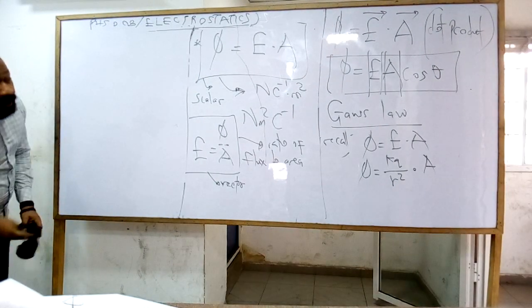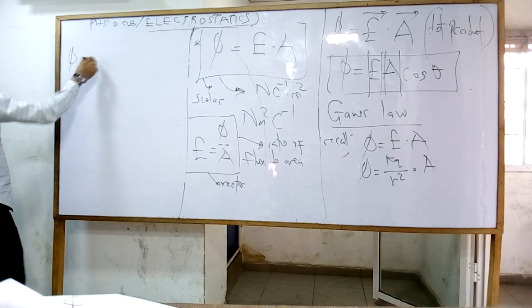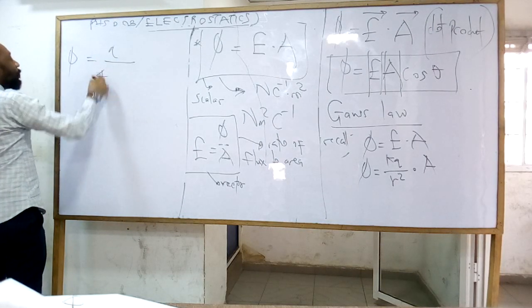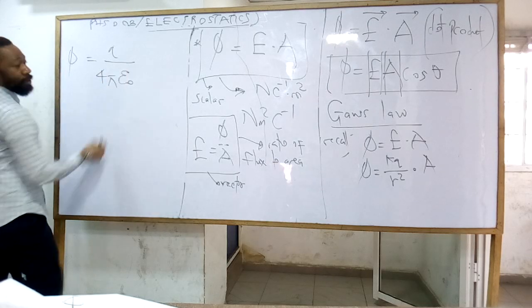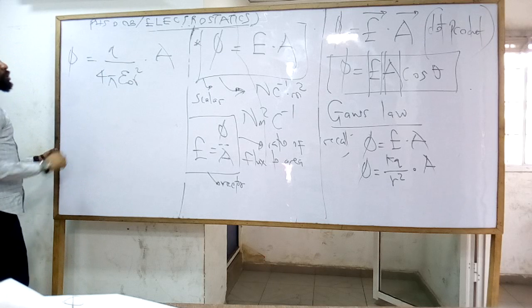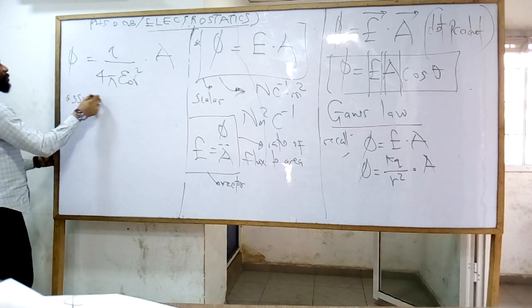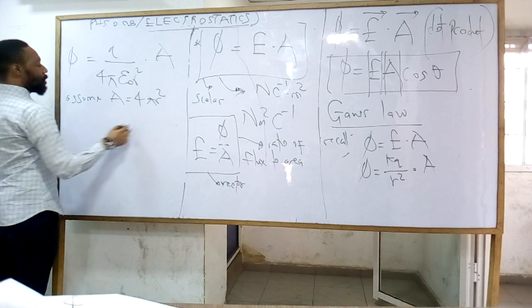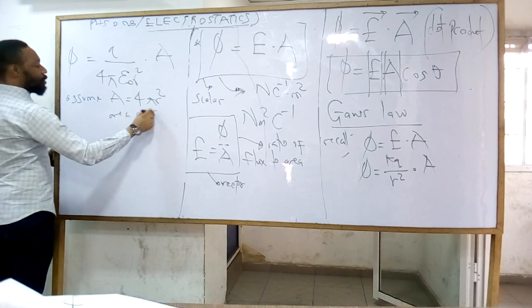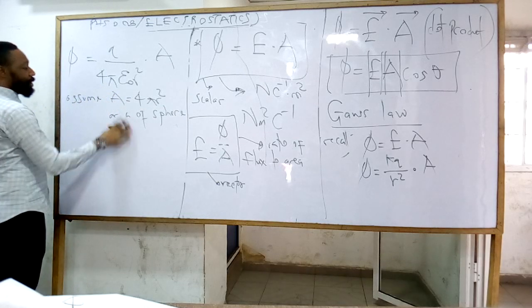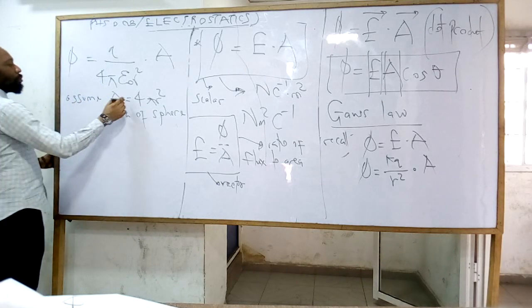Go further, I can say my flux becomes, instead of writing K, I can change K to the usual 1 over 4 pi E naught. I have my R squared and times A. Now, assume A is 4 pi R squared, that's the area of a sphere. Don't forget that charges are treated as small spheres, so point charges.